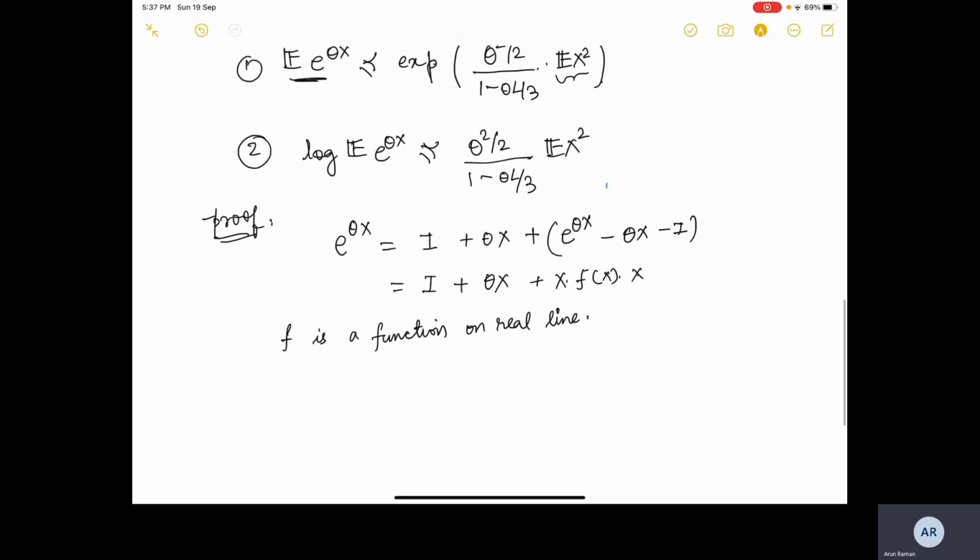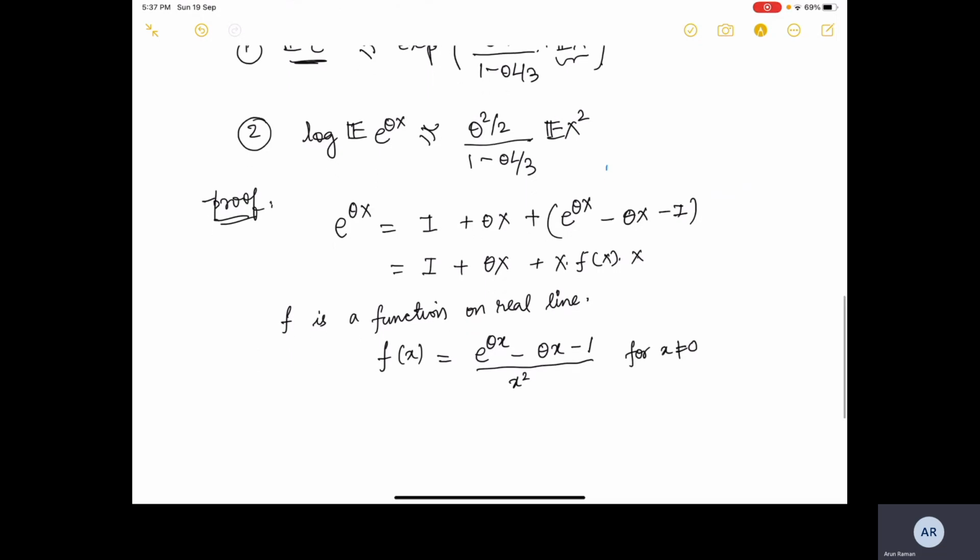Our objective is to use the transfer rule. We define f of x as e raised to the power theta x minus theta x minus 1, divided by x square for x not equal to 0, and f of 0 is theta square by 2. Okay, so this is what we have done.